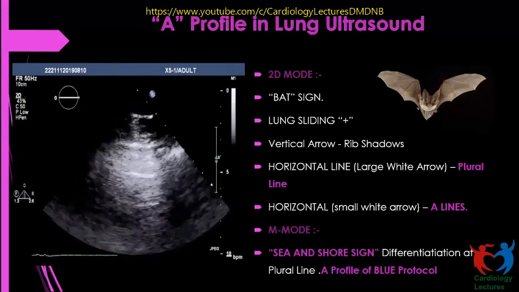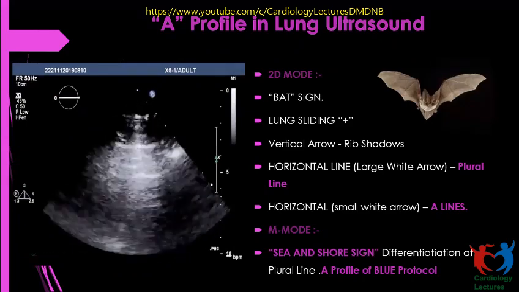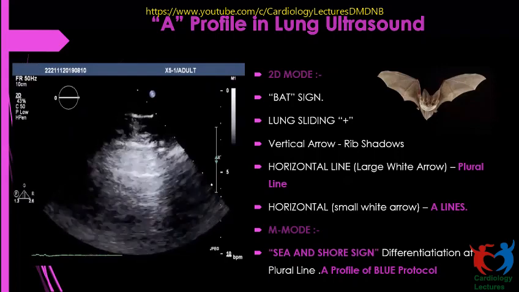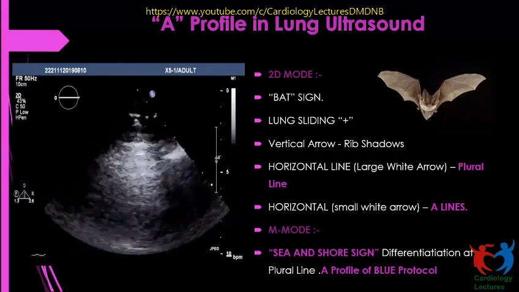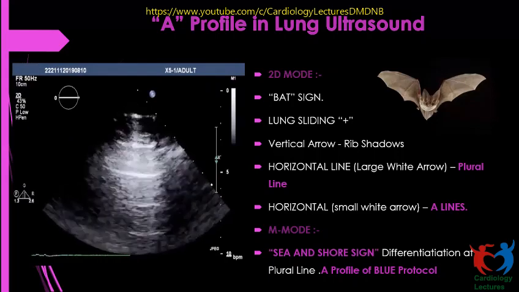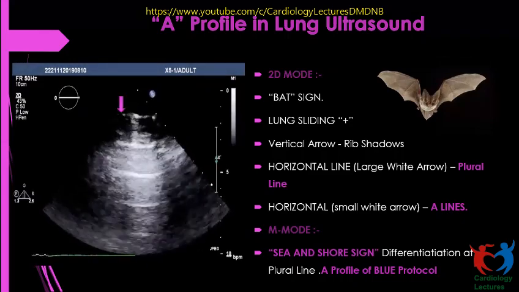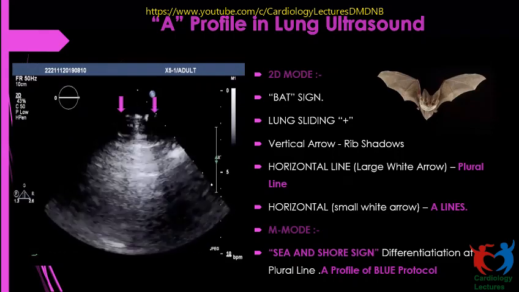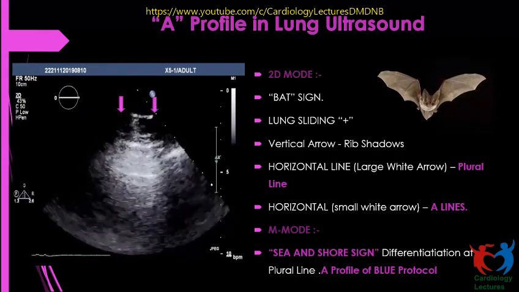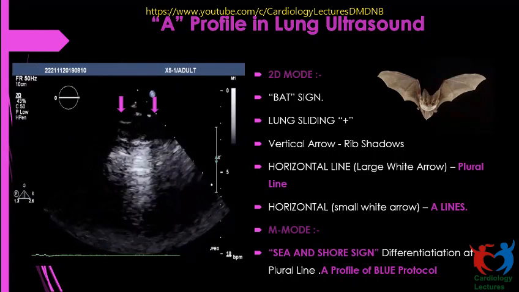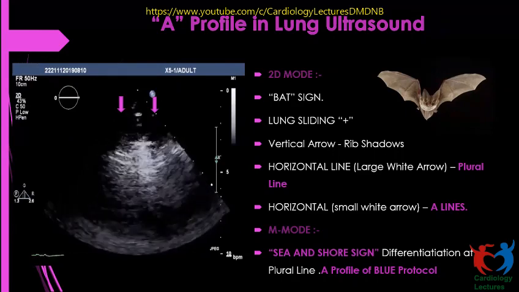So coming to the A profile, what are all these profiles? Can you see an ultrasound on the left side of the image? In the A profile of the lung you have a pleural line. These two vertical arrows show the rib shadows.